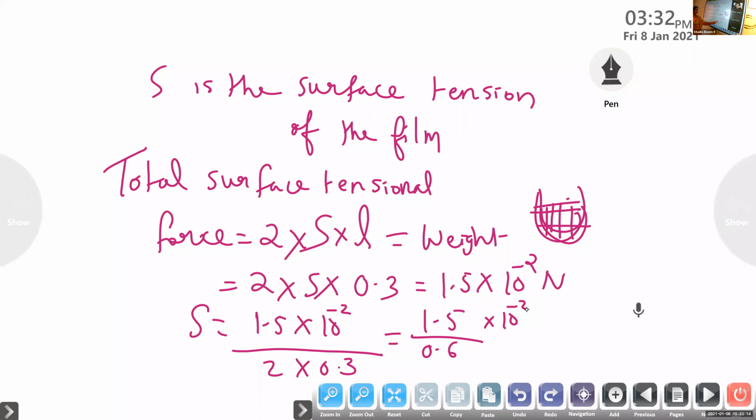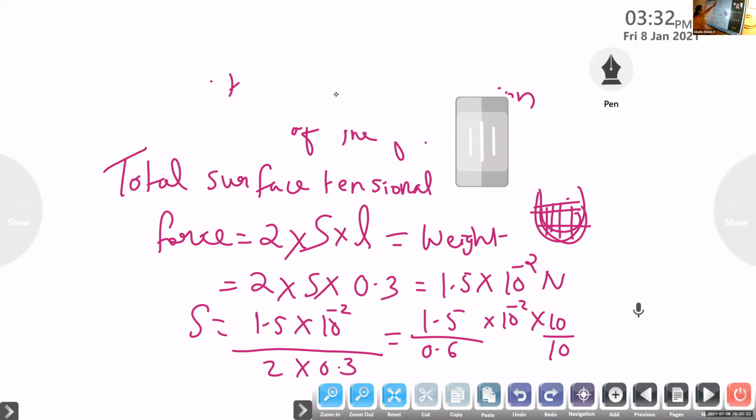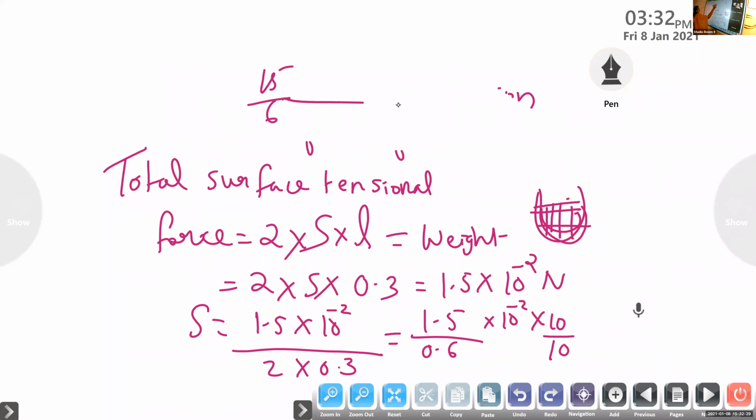Multiply the numerator and denominator with 10. So 15 by 6 into 10 to the power of minus 2. Find 15 by 6, you will get the answer easily.